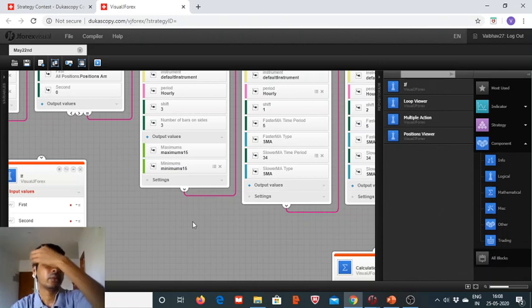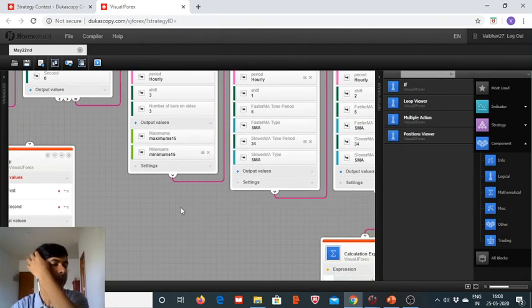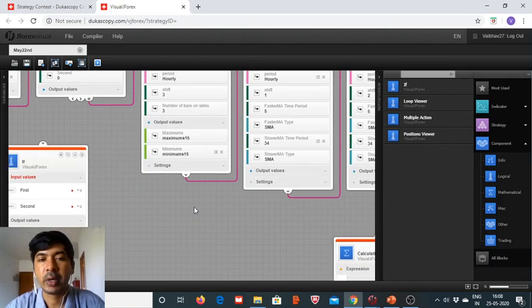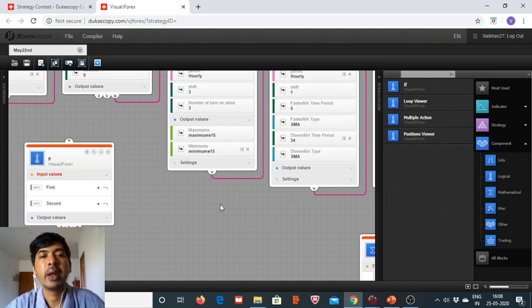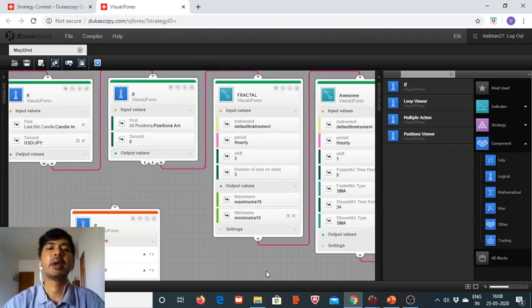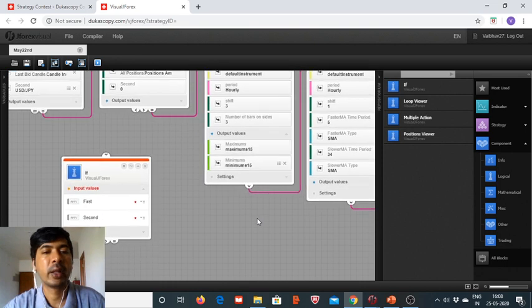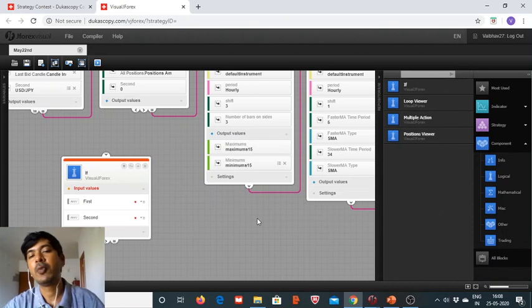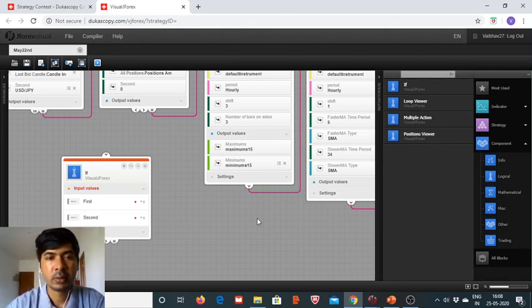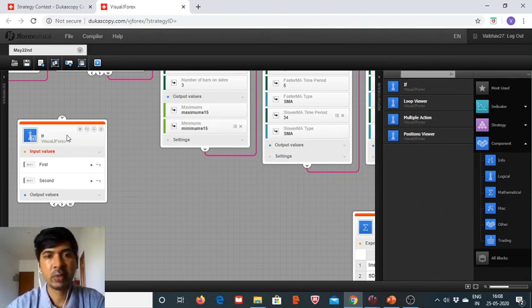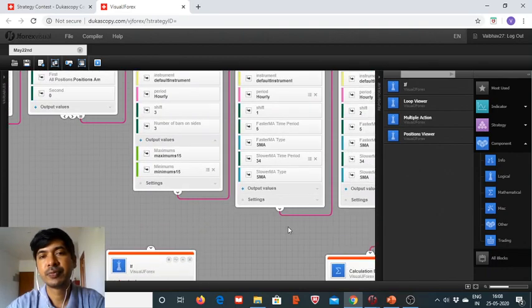Now here awesome oscillator will be utilized for determining what is the optimum time for the trade to happen, and then we will also be taking into account the fractal values to just make sure that the last tick price when the order is going to be placed is still above the minimum or the maximum as per the requirement. So we first define the awesome oscillator.